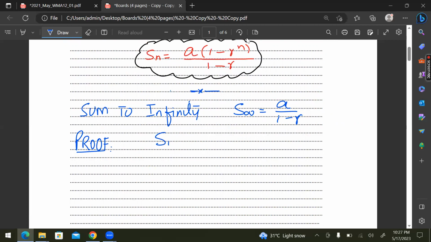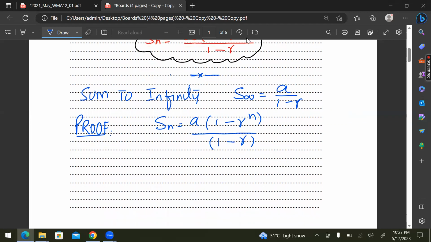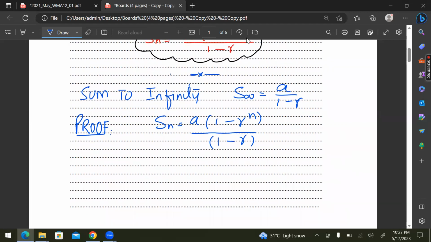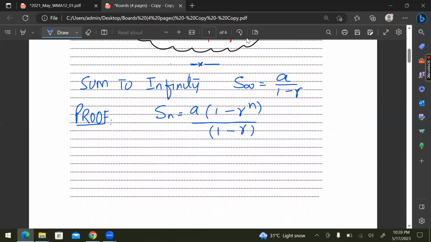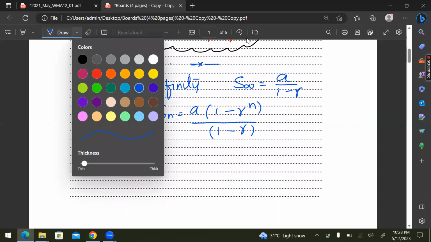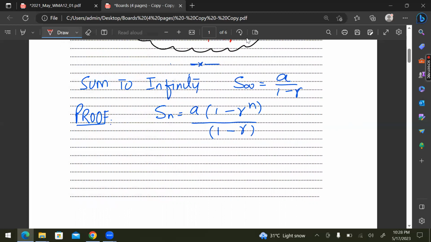As we know, the sum of n terms is A into 1 minus R raised to the power n over 1 minus R. Sum to infinity means that n, the number of terms, is a very, very large number. So if there are thousands and thousands of terms, what will happen to this formula? If n approaches infinity, what will happen to this r to the power n?